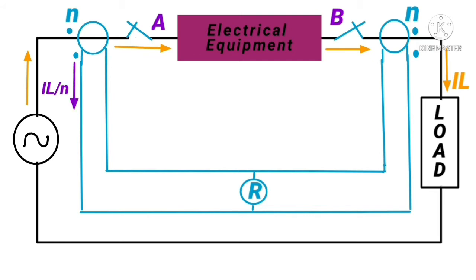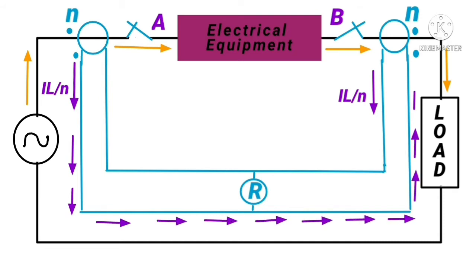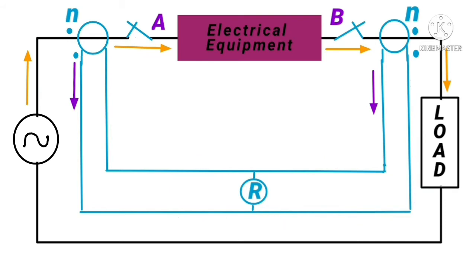As per the rule, the current is entering the dotted end in the source side CT, so similarly the current will leave the dotted end of the CT secondary. In this case, both secondary currents are equal, so there will be no spill current flowing through the relay, and the secondary currents will flow into each other like this. This is the case we have considered with no fault at all.